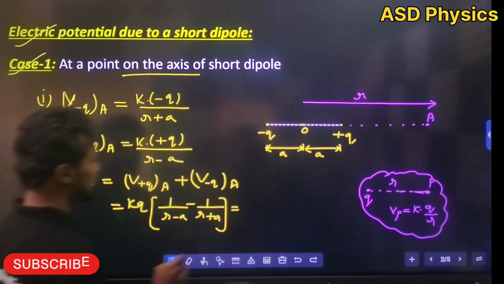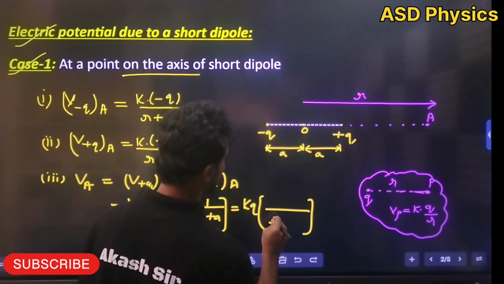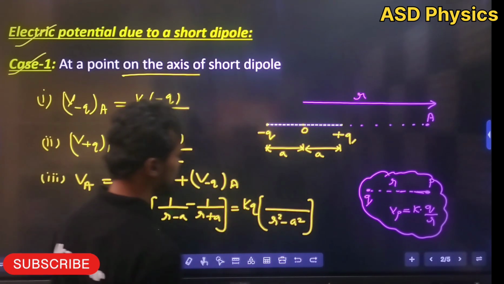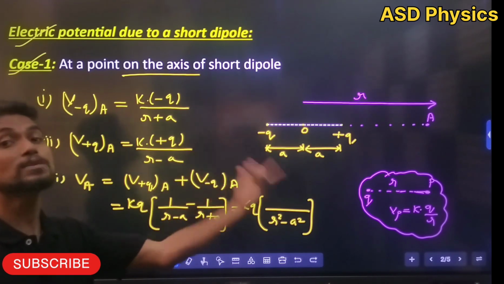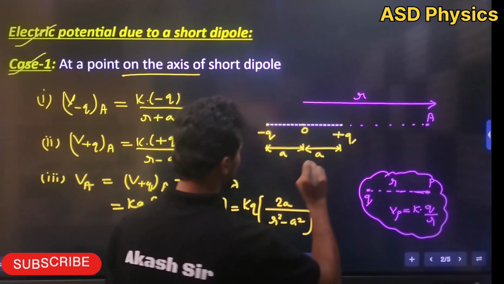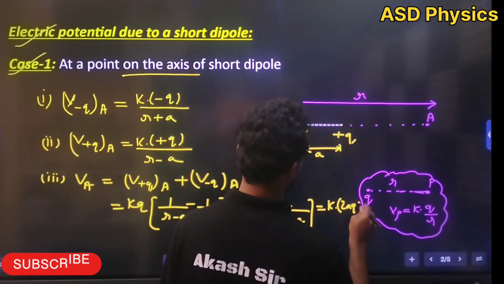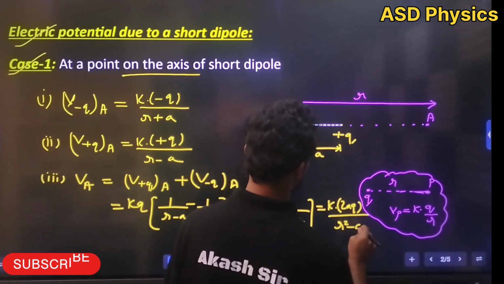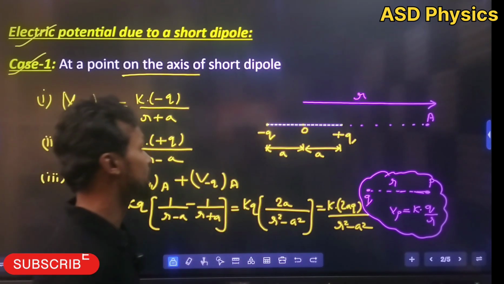After simplification this is KQ, and it will come R square minus A square in the denominator, and in the numerator R plus A in brackets minus R minus A in brackets. So R and R will cancel out, and here it will come 2. That means we can write K into 2AQ by R square minus A square. And what is 2AQ? This is the dipole moment.